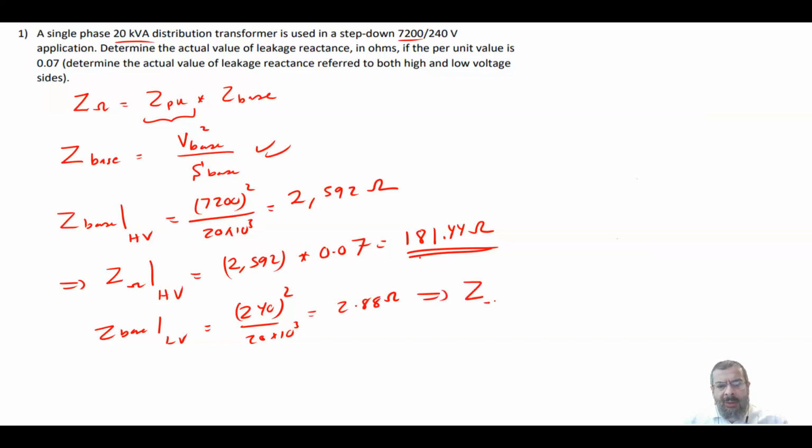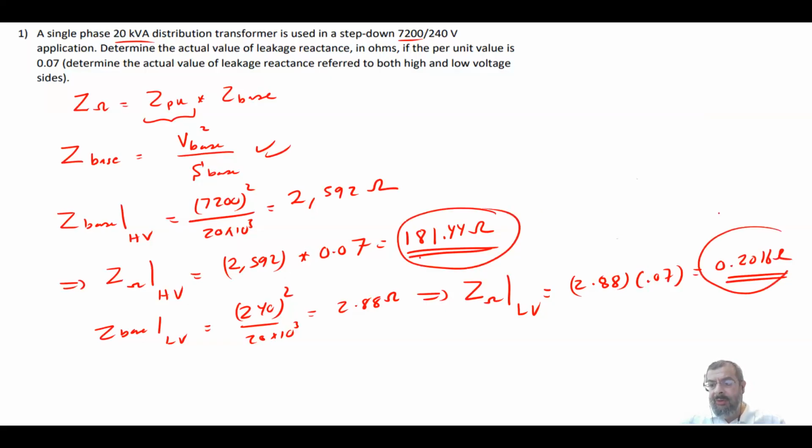Hence Z in ohms from the low voltage side is 2.88 times 0.07, and this will give me a value equal to 0.2016. So these are the two values, this one from the high voltage side and this one from the low voltage side.